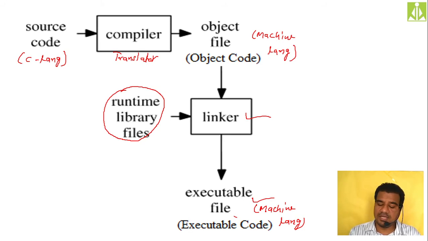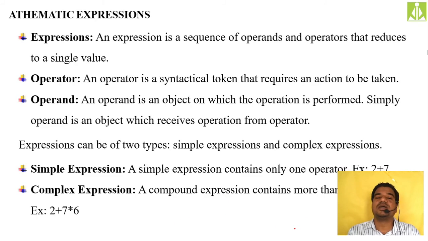Let's just start the next concept, that is arithmetic expressions. When we are writing the statements in our C program, we generally create expressions. Expressions are nothing but a sequence of operators, operands and operations. So we have to understand what is an expression, what is an operator, what is an operand, what is a simple expression, what is a complex expression.